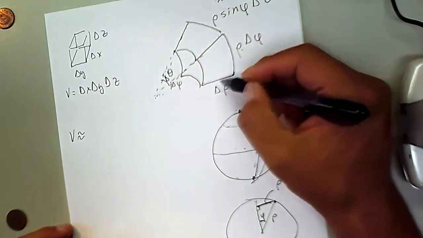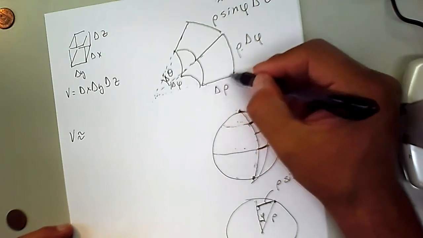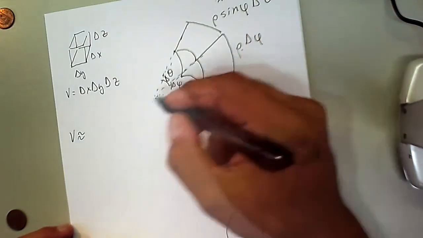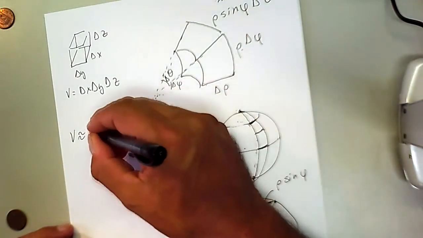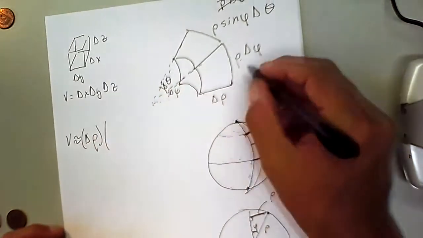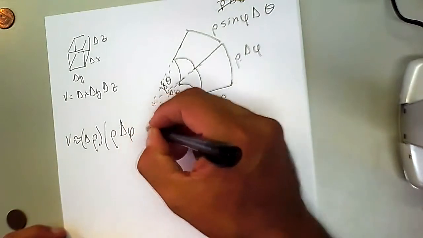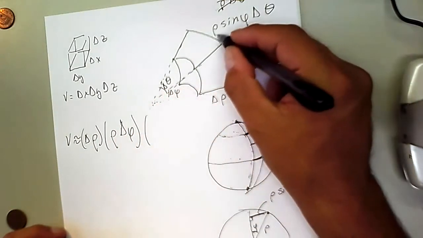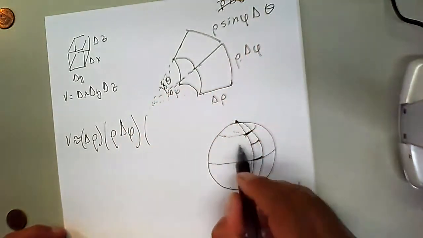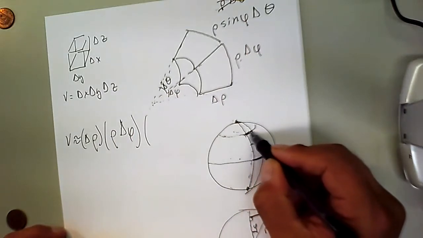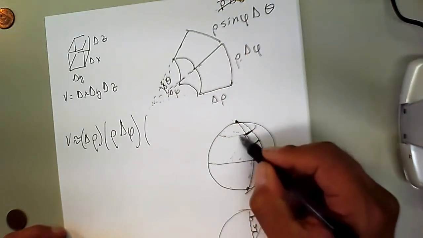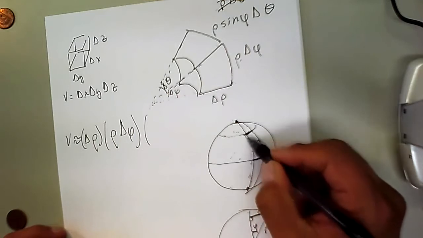So the box would have volume of delta rho times rho delta phi times this weird one, but the reason why is because we got to take into account that this arc is taking an angle above the equator.